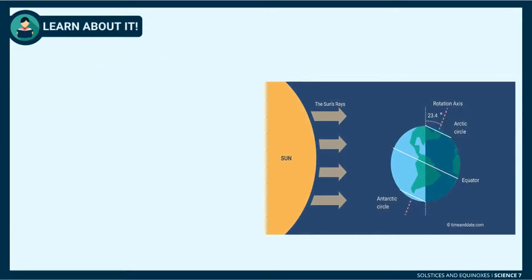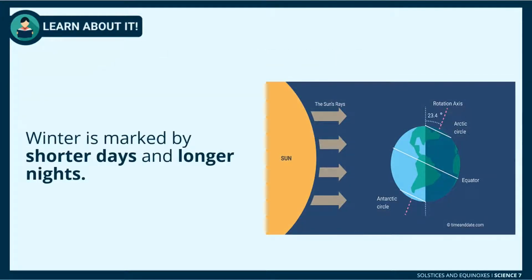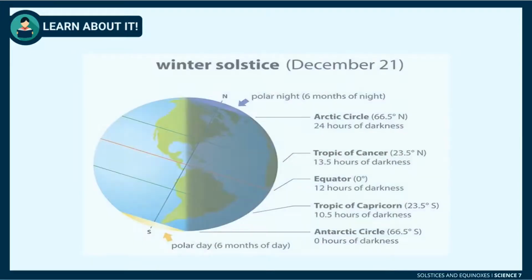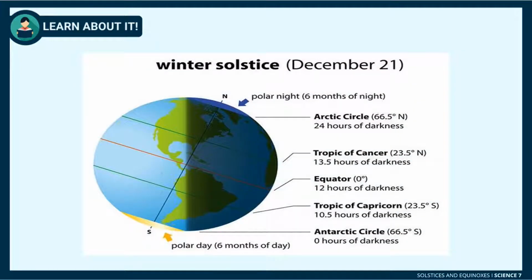The December solstice marks the beginning of winter, having shorter days and longer nights in countries part of the higher latitudes. This time, the North Pole and Arctic Circle experience 24 hours of nighttime while the South Pole and Antarctic Circle experience 0 hours of daylight.